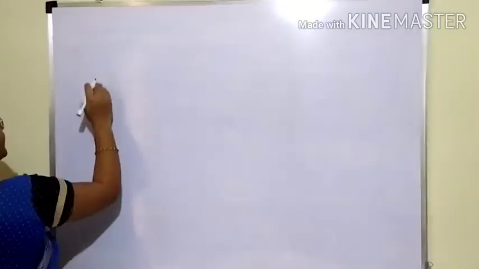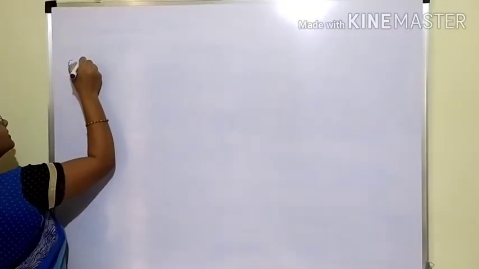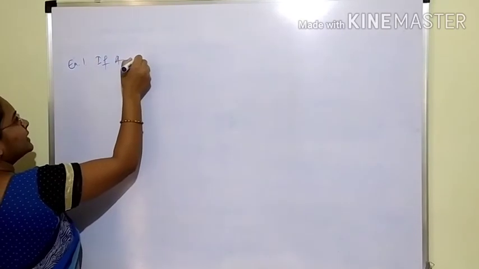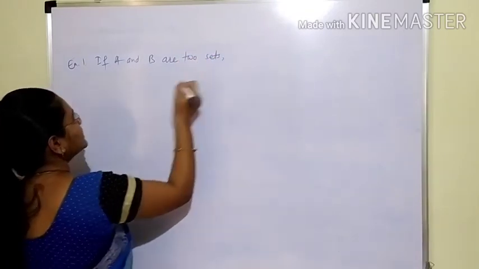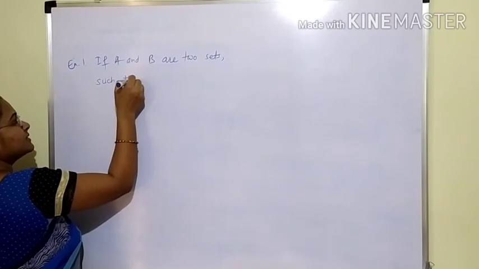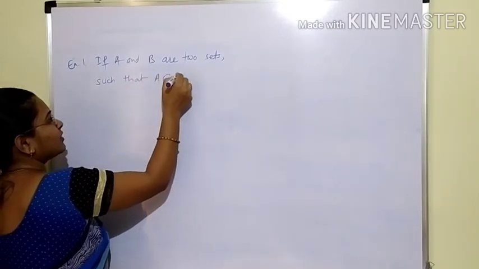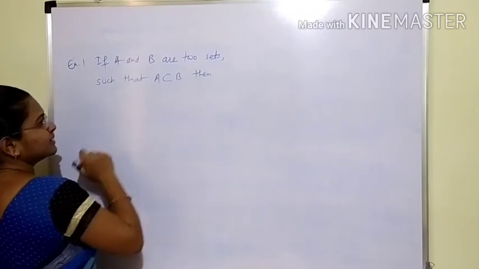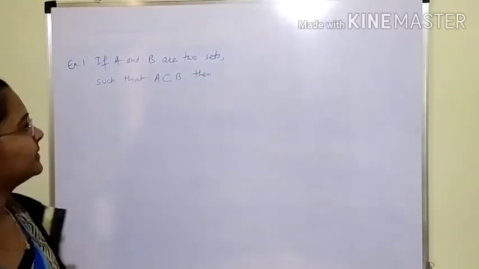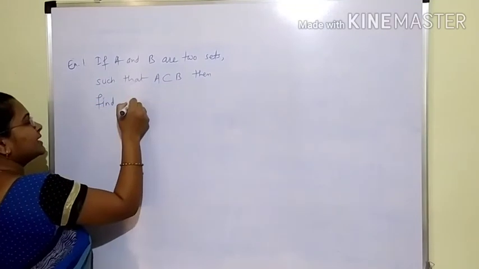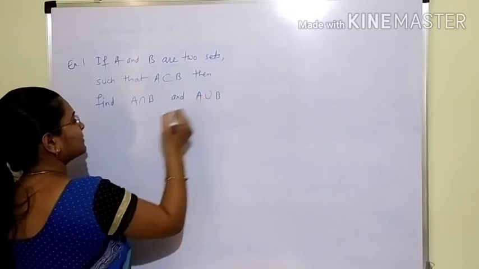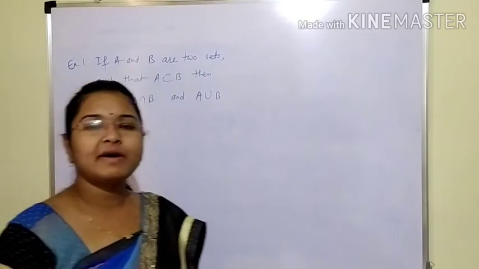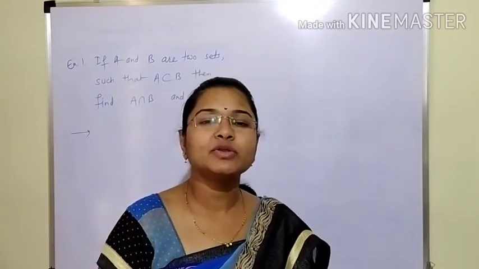So the first example is: if A and B are two sets such that A is a subset of B, then find A intersection B and A union B. Now students, for finding intersection and union of two sets, both the sets are not given.